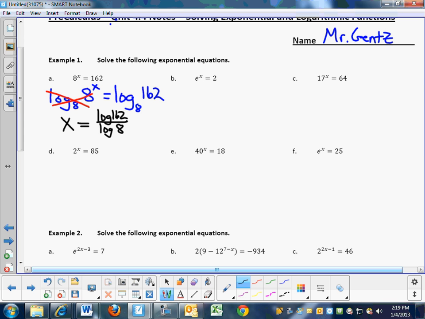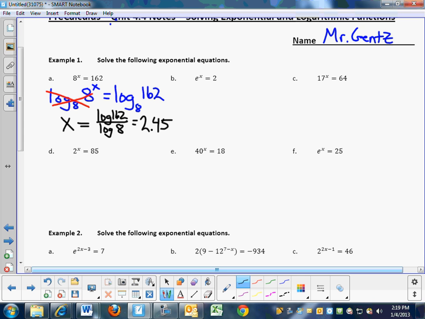I've already worked these problems out. But what is the log of 162 divided by the log of 8? Everybody got it? 2.45.